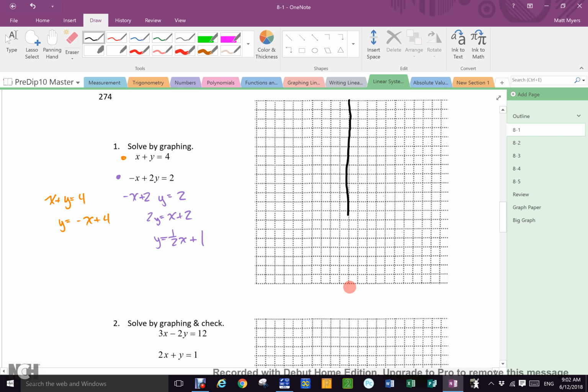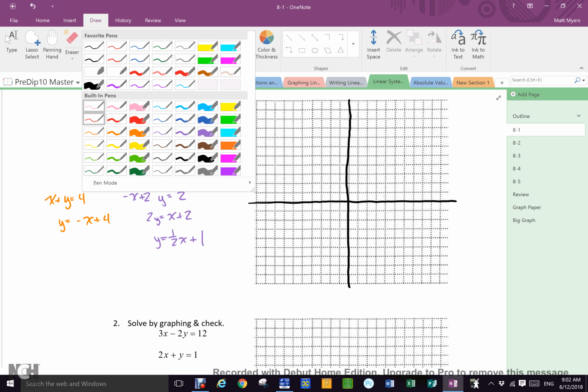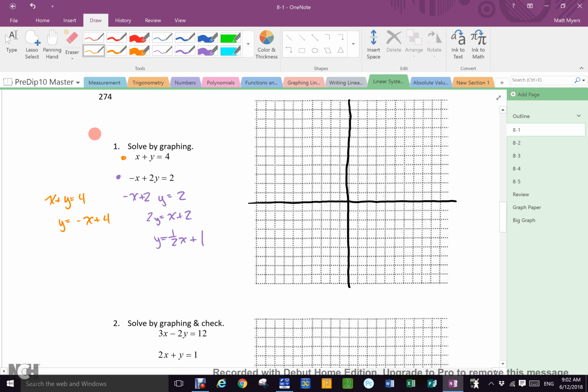There should be no reason to be confused now. You just were tested on this. Where do I put the first dot for the orange line? 4. On which axis? 1, 2, 3, 4. Where do the next dots go?